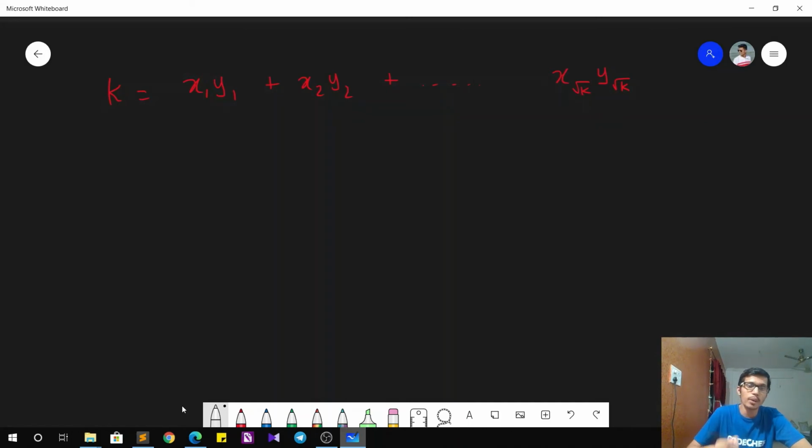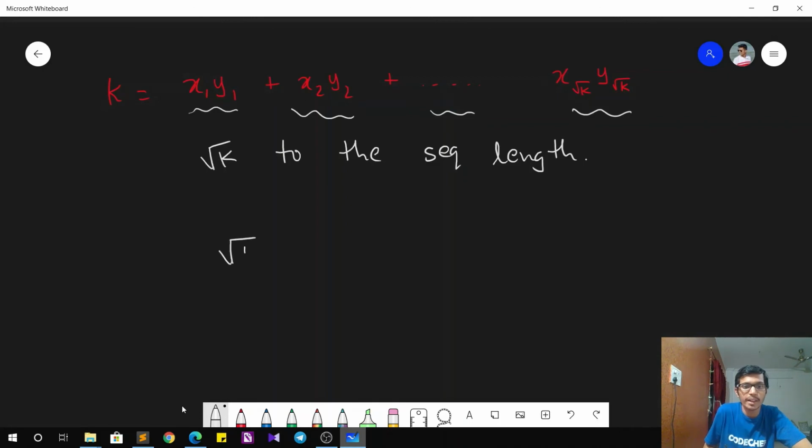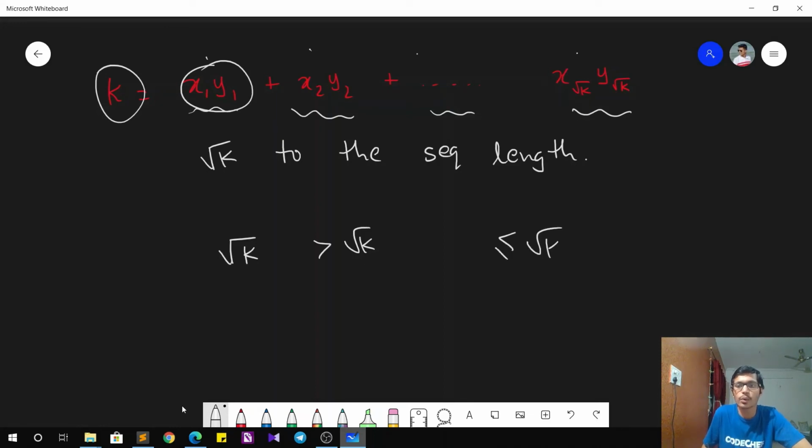Now we are going to make another important observation. There are root k many terms, and if each of them is contributing more than root k, it means that the sum is greater than k, which is clearly wrong. So if we want the sum to remain k, at least one of the products is going to be less than or equal to root k.